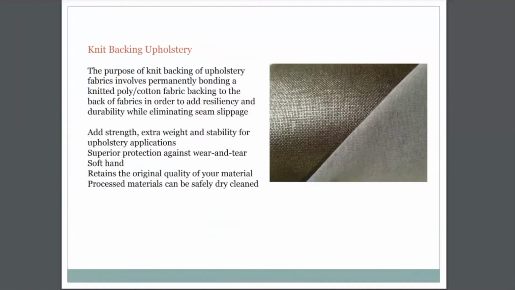Seam slippage happens when they start pulling apart at that seam, and it's really ugly, and you've probably seen it happen many times in old vinyl restaurant booths. You've probably seen cracks in that vinyl too, because vinyl has come a long way since the 1950s. It is really good now, and the knit backing helps to stabilize the fabric.